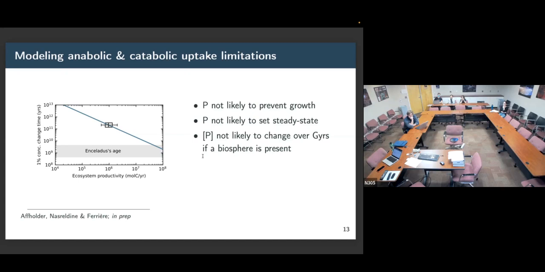What we see on this figure here is that to change the concentration of phosphate in the ocean of Enceladus by even 1% would require, by our predicted population, hundreds of billions of years, maybe 200. So really not an issue, phosphate in that instance.